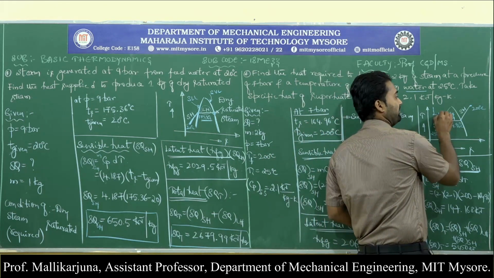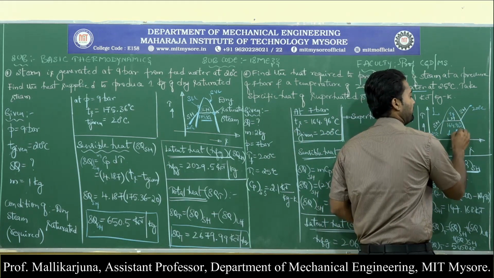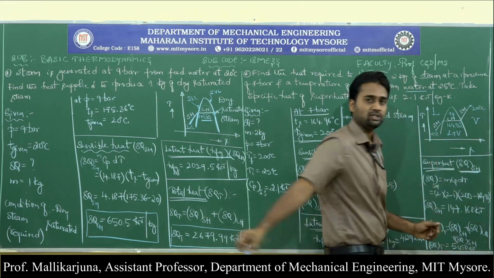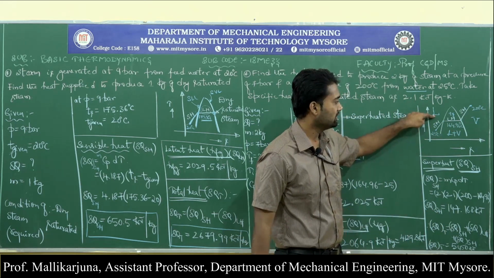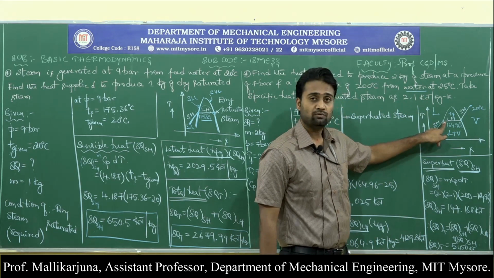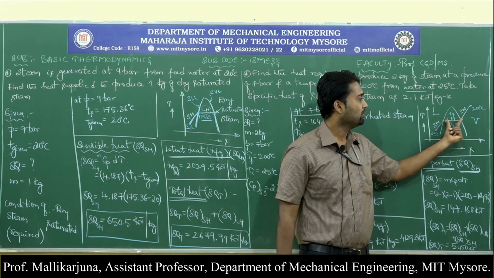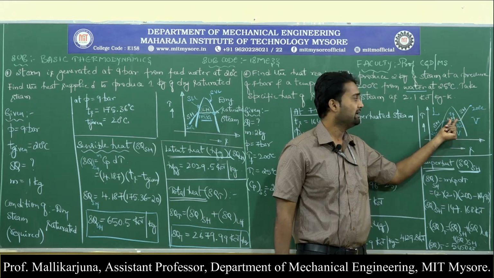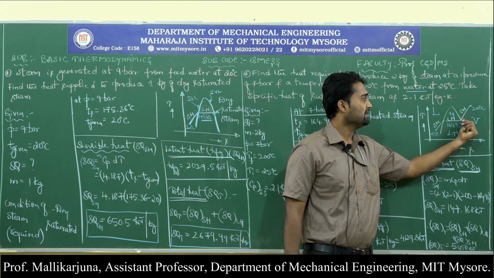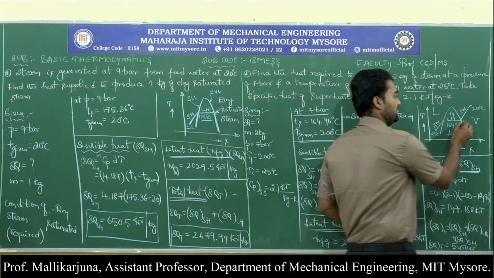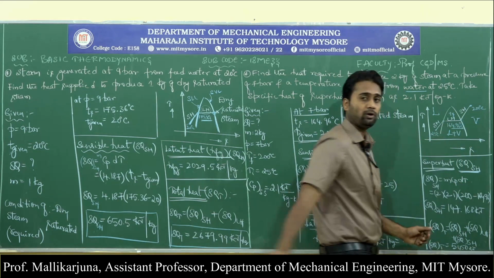Please make sure this is the liquid region, this is the liquid plus vapor region, this is the vapor region. So I am dealing with the liquid region, 25 to 164.96, sensible heat; saturated liquid to saturated vapor, latent heat. From this dry saturated state to what is the temperature here? Make sure it is 164.96.